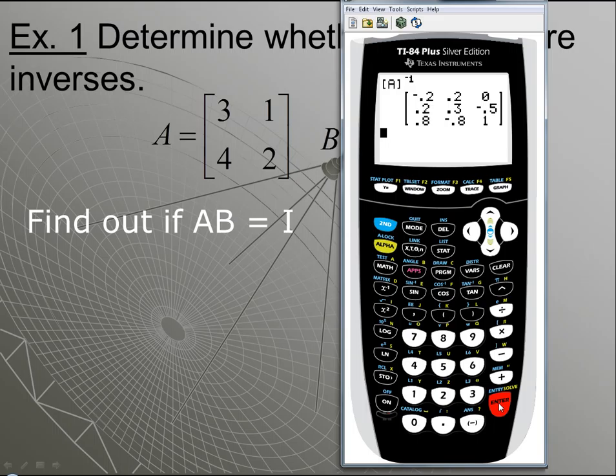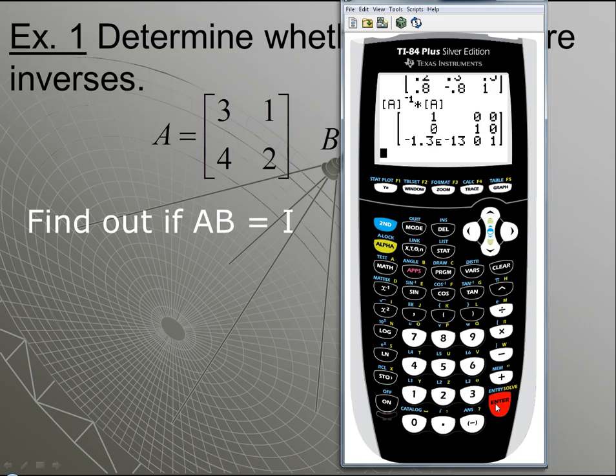Okay, I can prove it because if I multiply A inverse times matrix A, watch what happens. Well, what's that trying to say? Now, this is a little goofy sometimes.